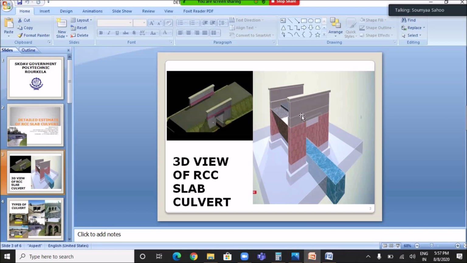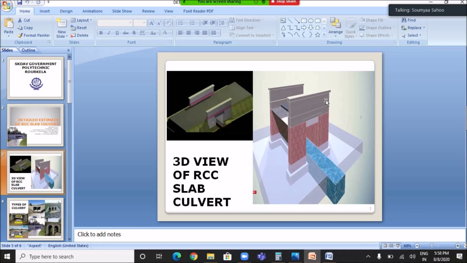This is one parapet and this is another parapet. So there are 2 number of parapets. One is above the slab and up to the curb, and another parapet excluding the coping. This is the coping of parapet. So this is another parapet which is above the curb from this portion to this portion.